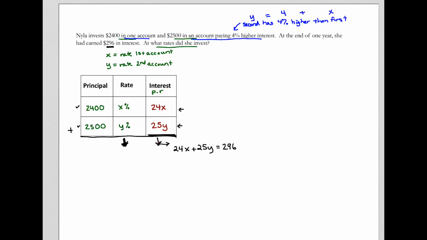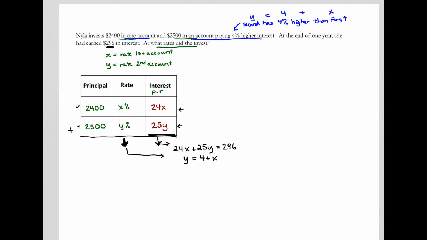And that creates our second equation for this system. From those rates, we get the second equation that y equals 4 plus x. That's the system of linear equations that I want to use to solve this problem.